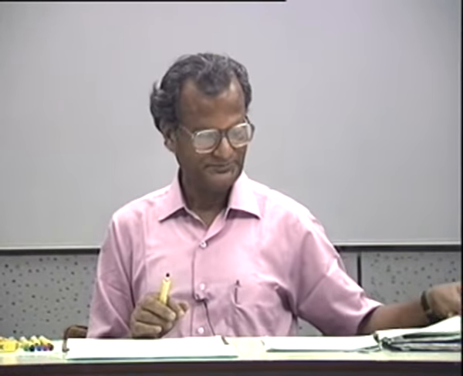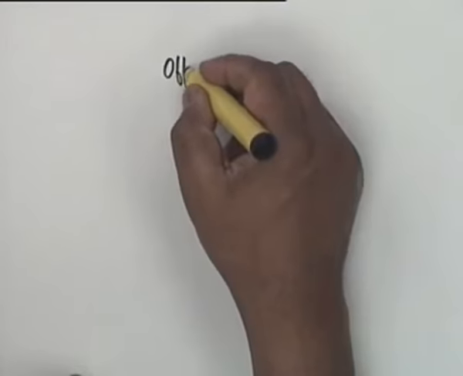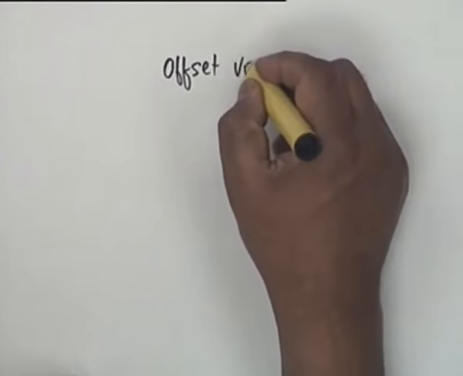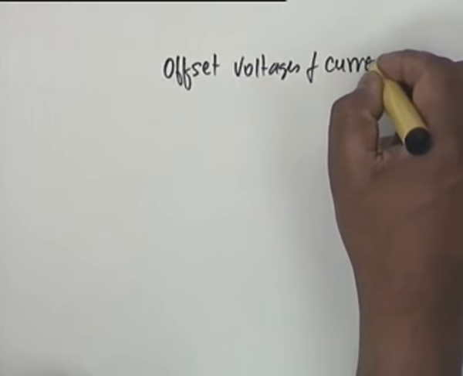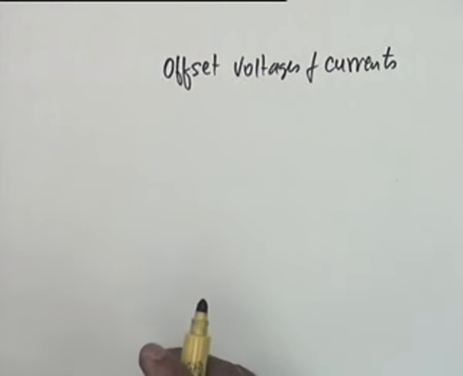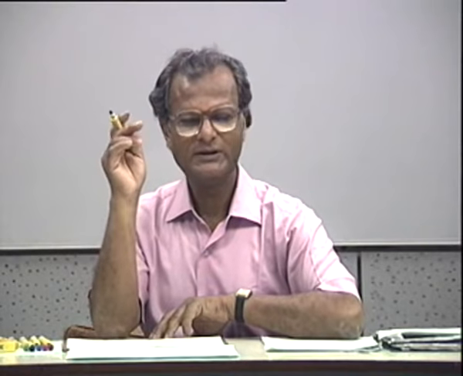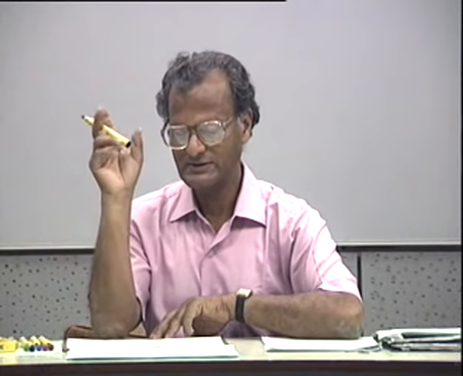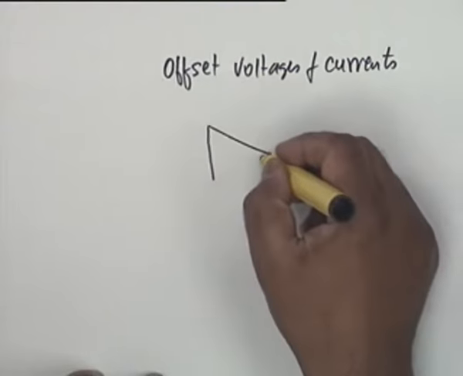All right. We next consider the question of offsets, voltages and currents. As I had told you, the offsets occur because of mismatch in the input transistors, the two input transistors in the differential amplifier.